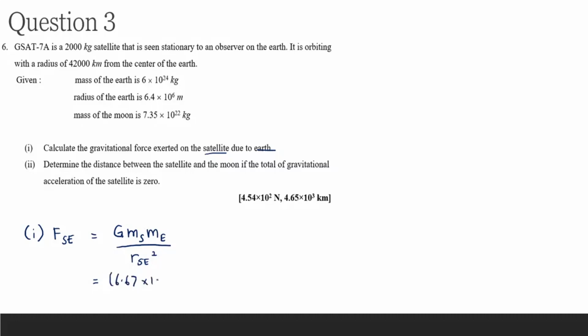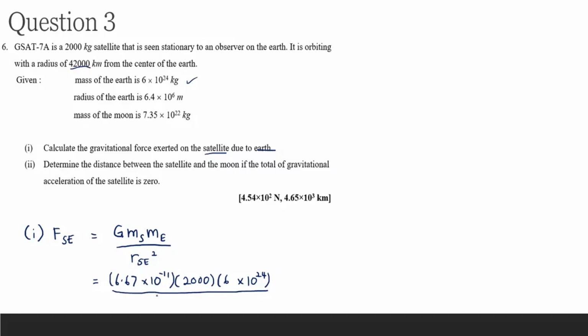6.67 negative 11. Mass of the satellite is 2,000. Mass of the Earth is here 6 exponent 24 divided by distance between the satellite and the Earth is this 42,000, because it says it's orbiting with a radius of 42,000 kilometers from the center of the Earth.